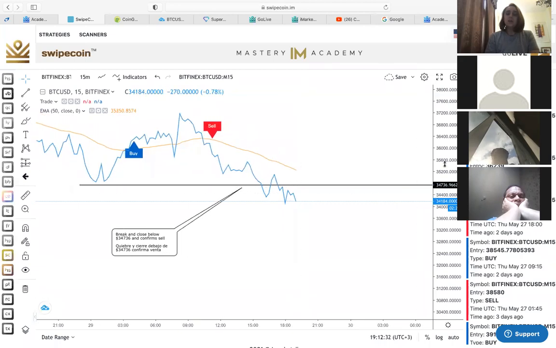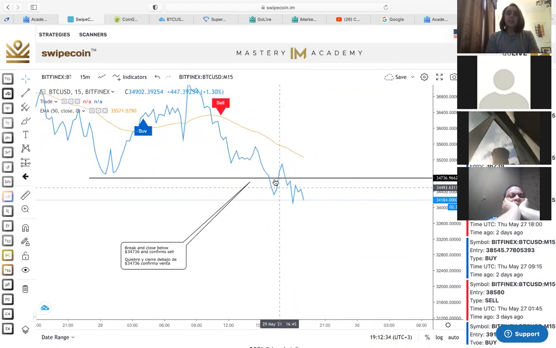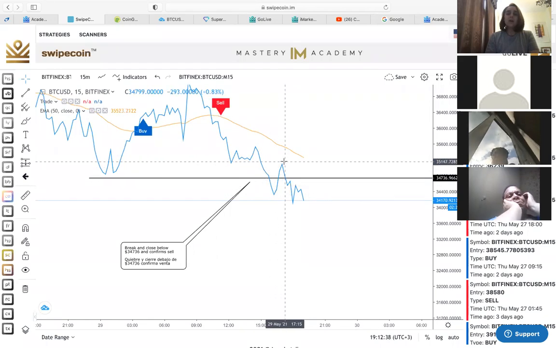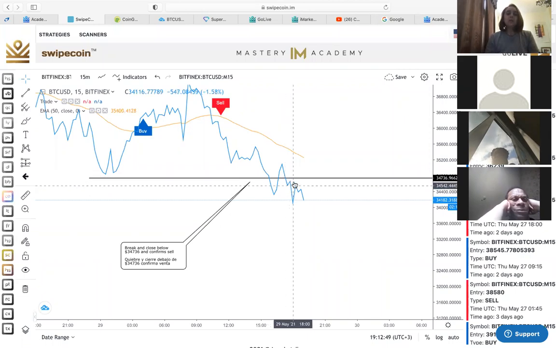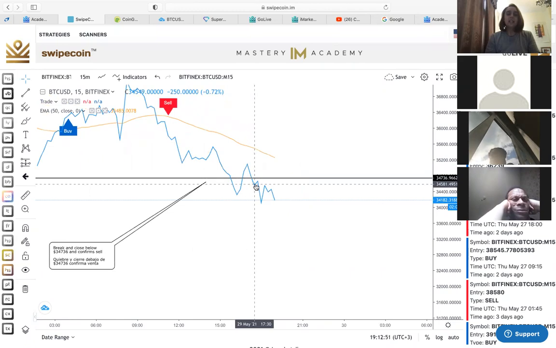You can see the first time that didn't happen, it broke the support and then it came right back up, right? And if it would have made this a support again, then that sell would not have been valid, right? What we needed it to do was break the support, which you can see it redid again here.